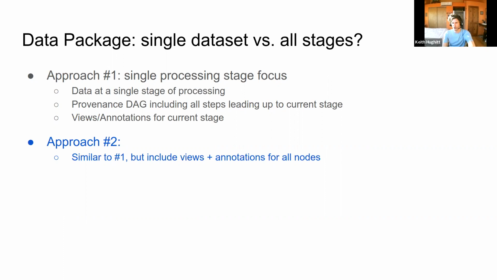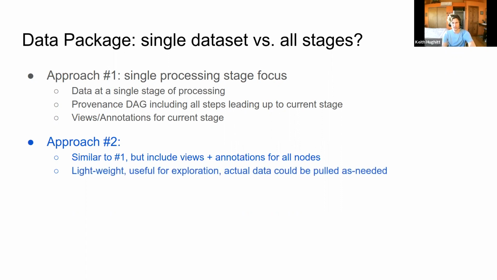They're not very large, so the cost of including them would be quite small overall. The result is that if someone downloads the final form of the data, they would have not just the data and annotations and views associated with that stage of processing, but also the visualizations and the reasoning associated with all the previous steps. So I think that's potentially useful.